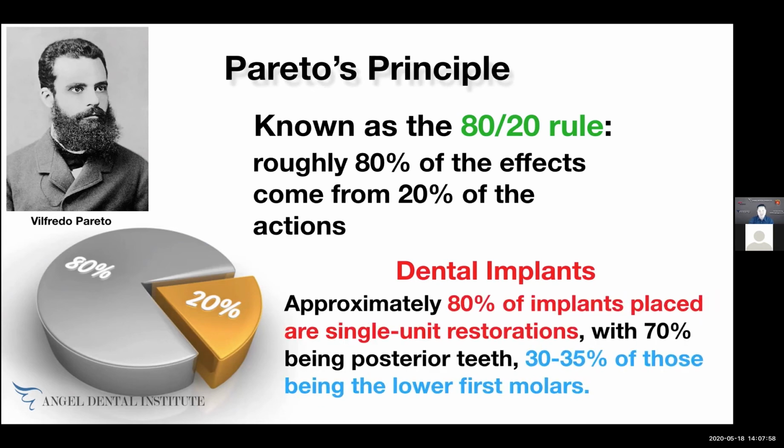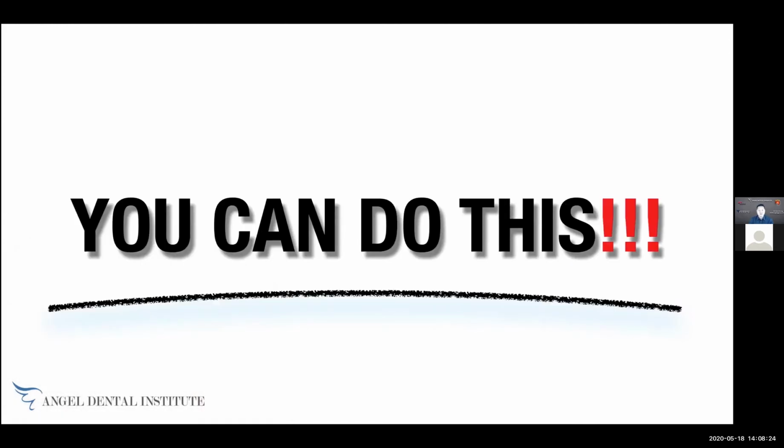Approximately 80% of implants placed are single unit restorations, with 70% of those being in the posterior region. And out of that, 30 to 35% are the lower first molar. So that's very comforting. You can do this, okay?